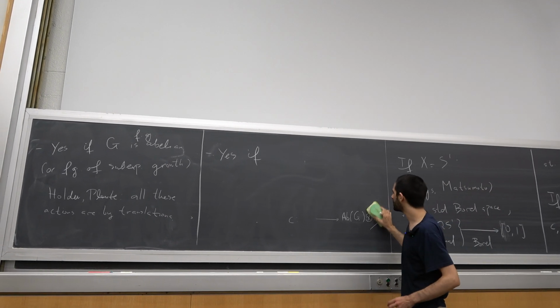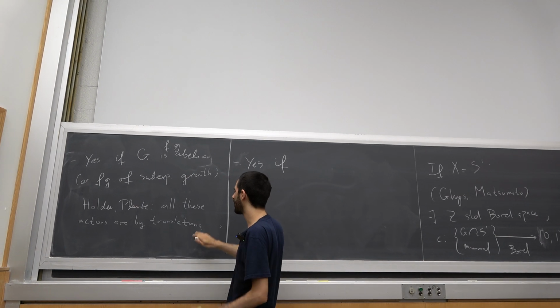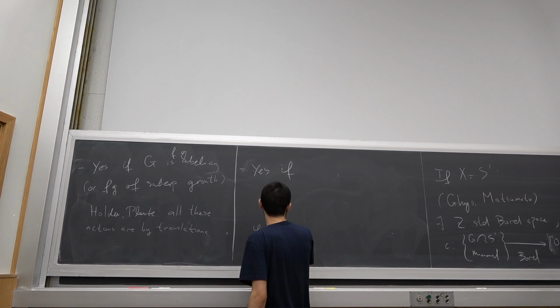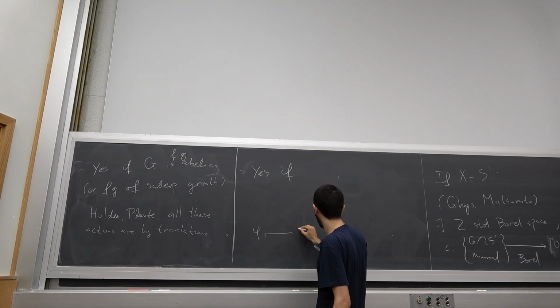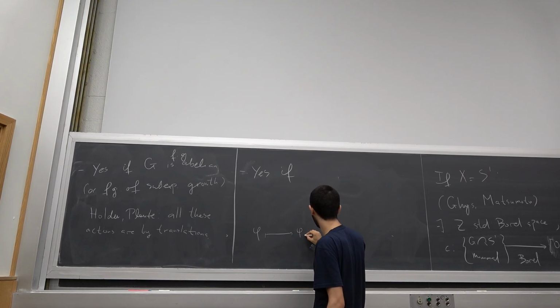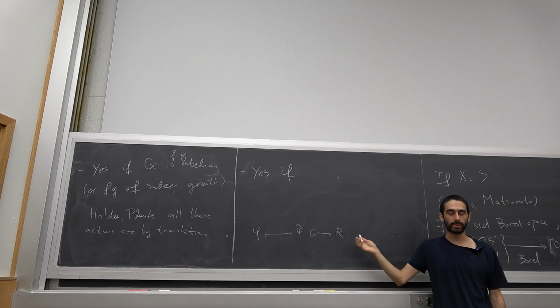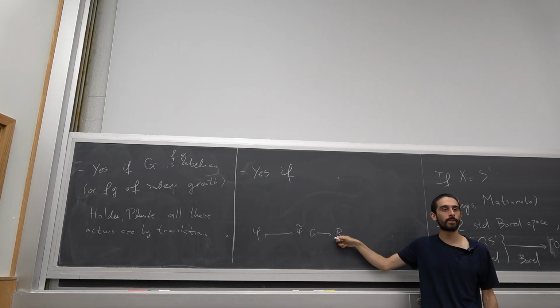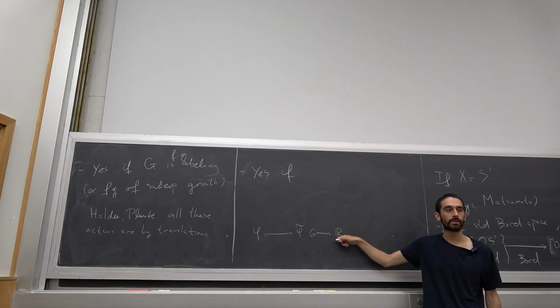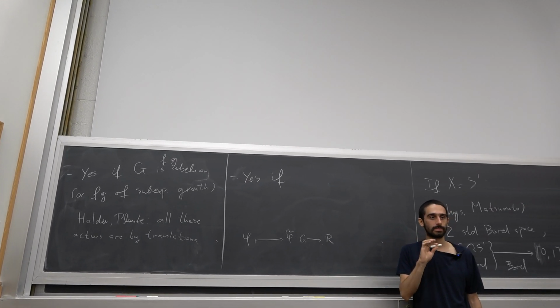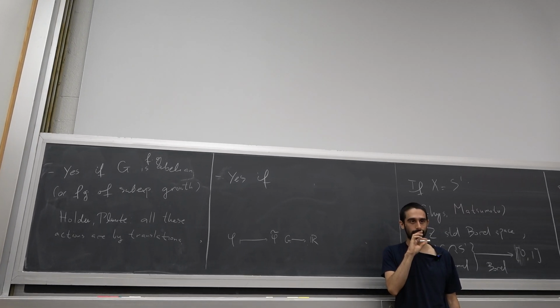Each one of these actions, so these are all actions by translations, corresponds to a homomorphism of G to R. And I will identify two such homomorphisms when they're related by a homomorphism at the target. I understand how to classify, but I don't understand what is the map C. Ah. Map C to [0,1].